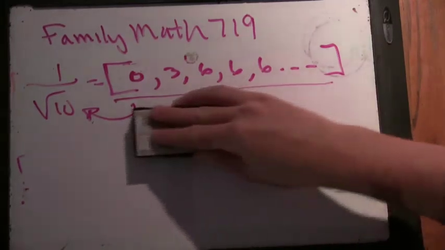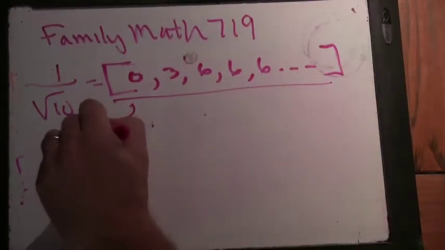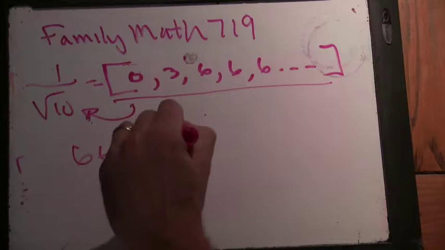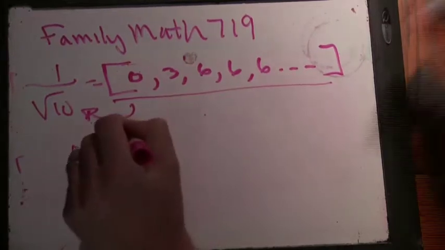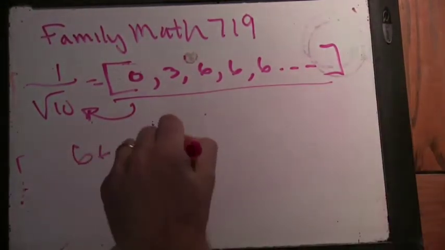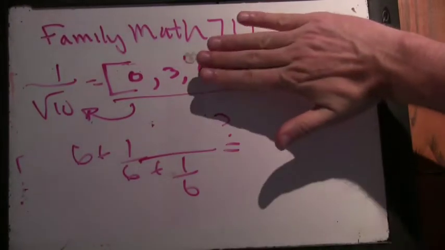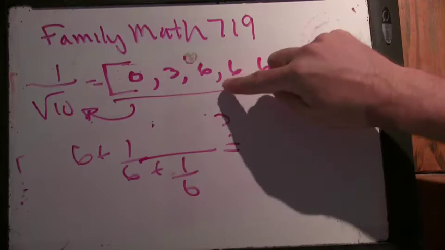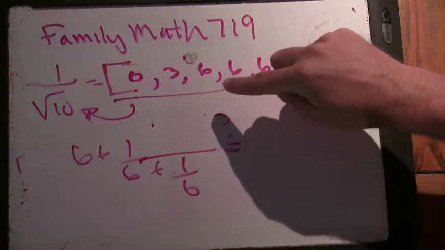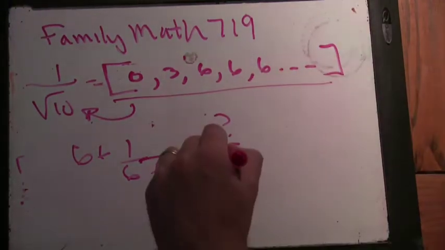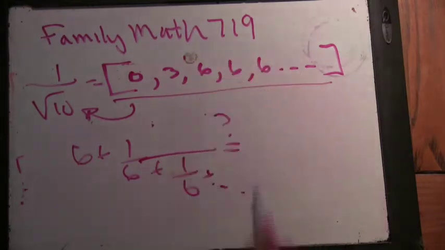Yeah, so what we want to do is ask what this continued fraction, 6 plus 1 over 6 plus 1 over 6 equals. If we can figure that out, which occurs 3 levels down, depending on how you want to count it, we can simplify this.